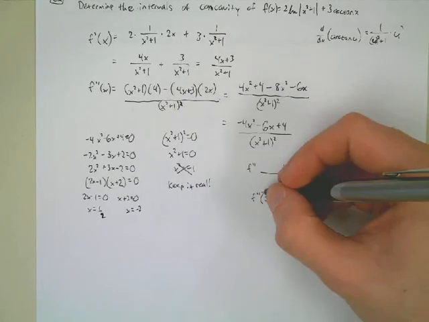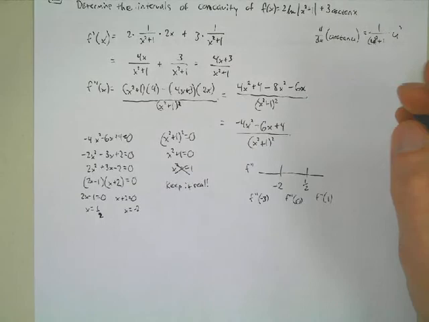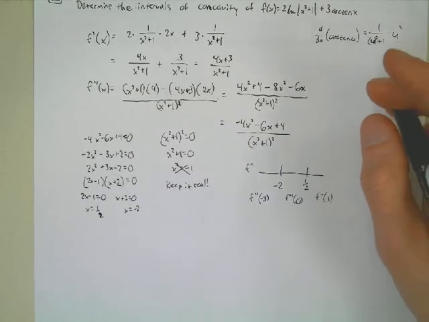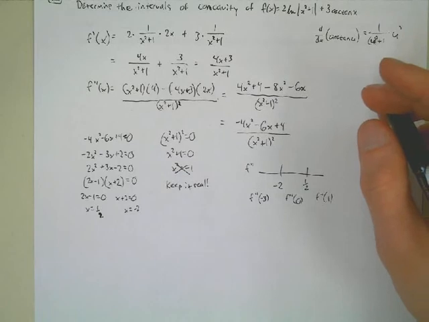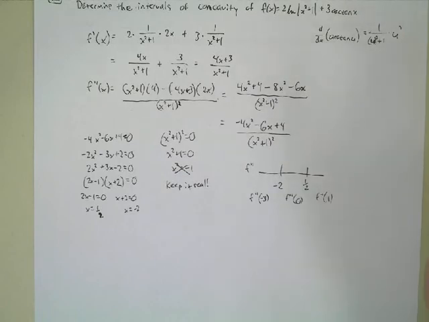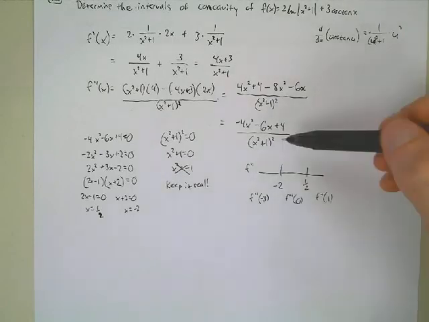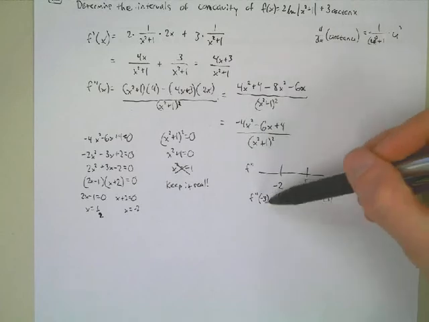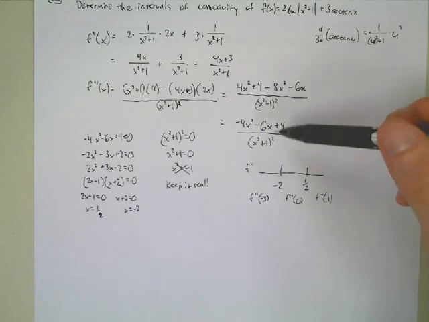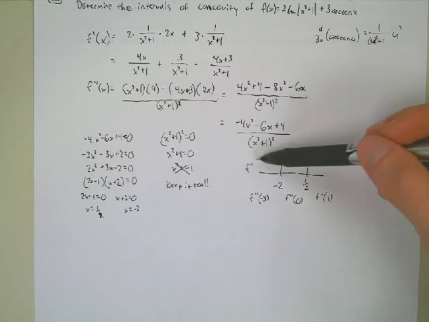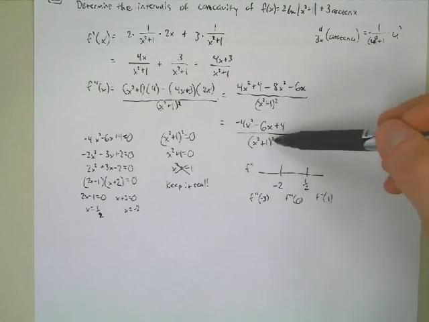Good point there. Caleb correctly identified that the denominator will always be positive, so the only thing that's going to govern the sign is the numerator. Anyway, we'll finish this up tomorrow.